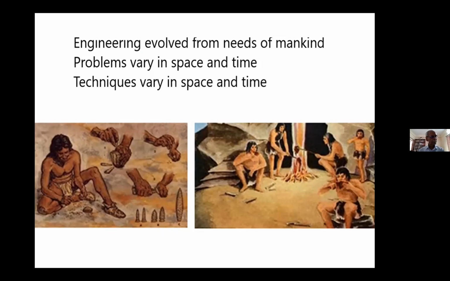Depending on the climatic conditions, human society had to solve the problems faced by them. For example, problems are different in cold countries from those in hot countries. And people have solved their own problems in their own ways.